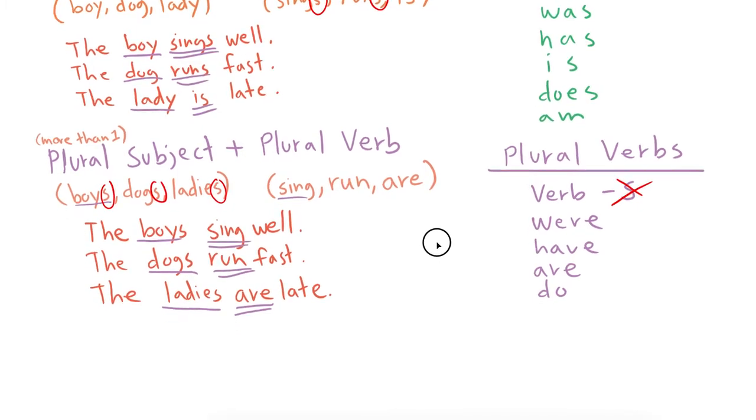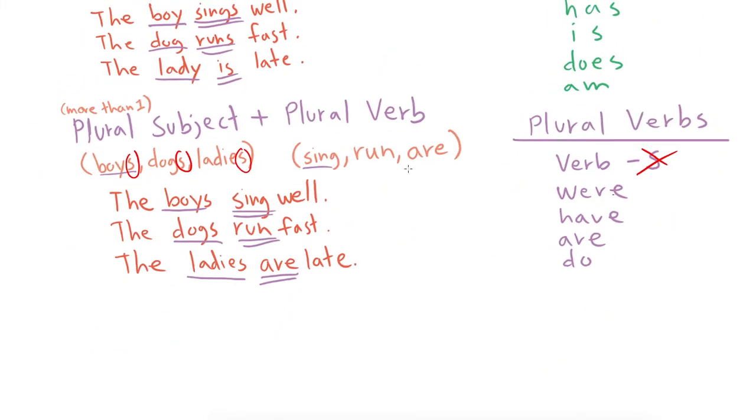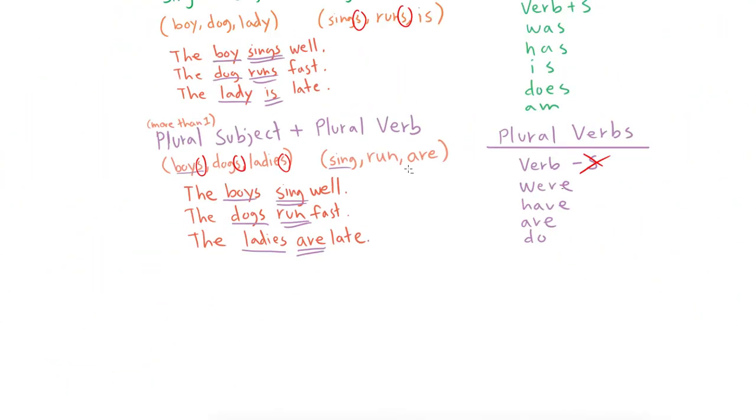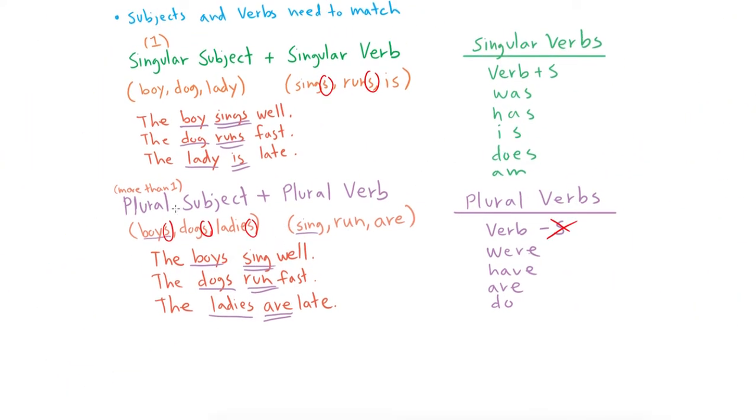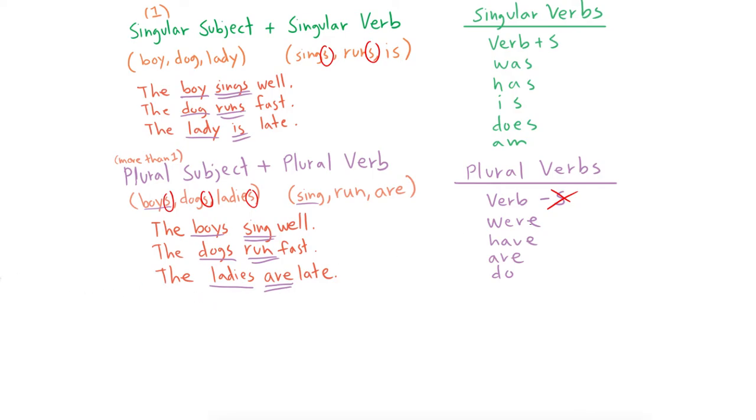All right. So I need to tell you one more thing. There's an exception to this rule. We know that we have to pair up plural subjects with plural verbs and singular subjects with singular verbs. But there is a special rule to this. I'll call this the "you" exception.